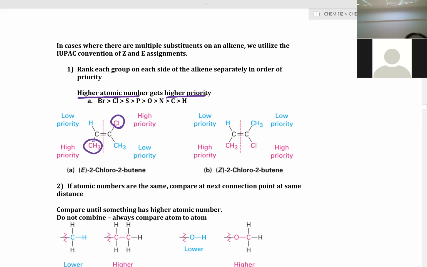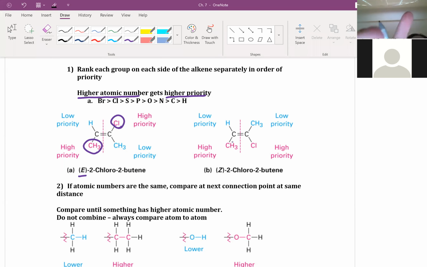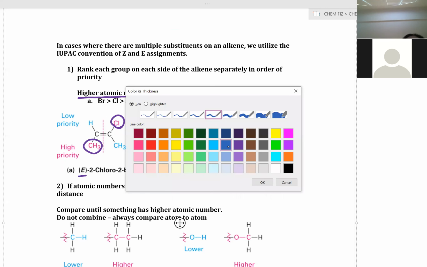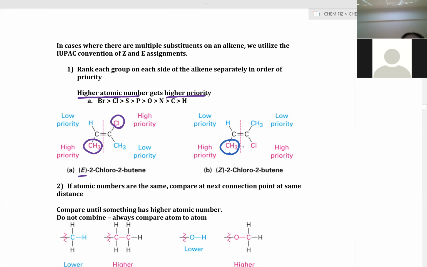Since our substituents of highest priority are on opposite sides, this is the E alkene. In this example on the right, since our high priority groups are on the same side, we get a Z alkene.